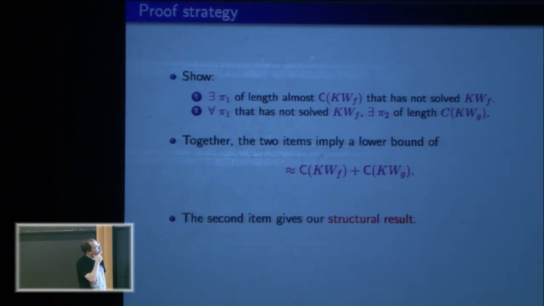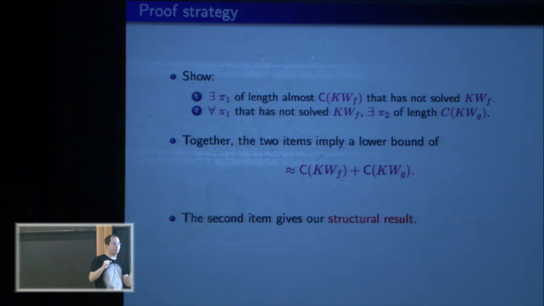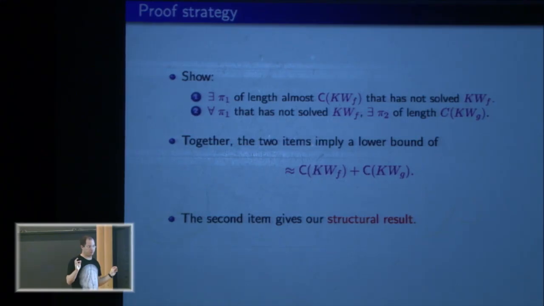Or maybe another way to look at it is that let's look at any protocol, and now instead of defining pi1 and pi2, let's say I run the protocol for any number of bits, just until the point in which it solved KWF. From this point, I can tell you it will have to solve KWG.